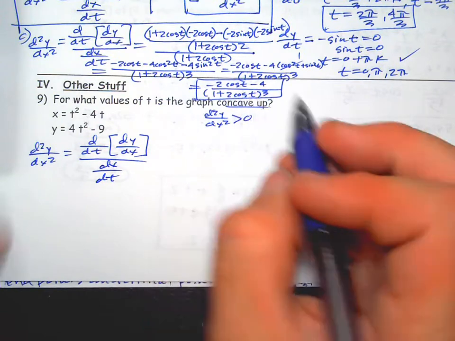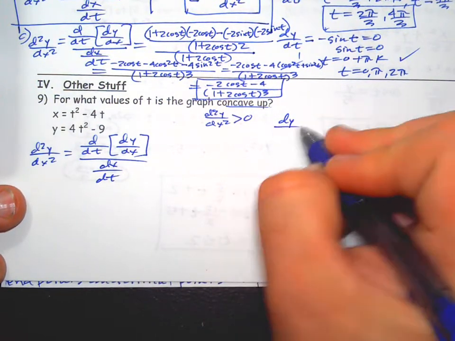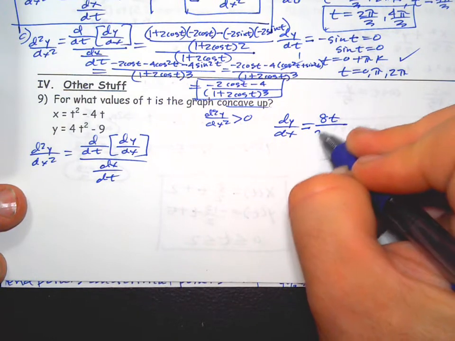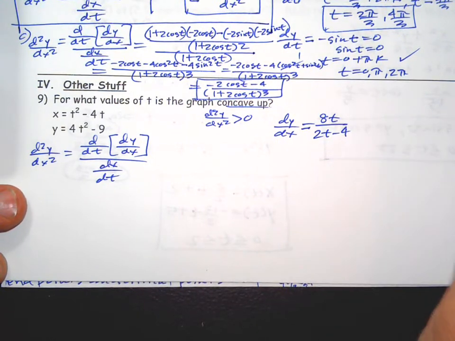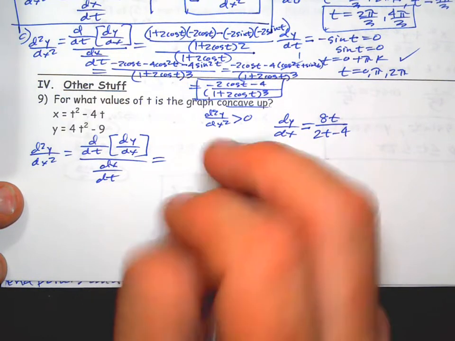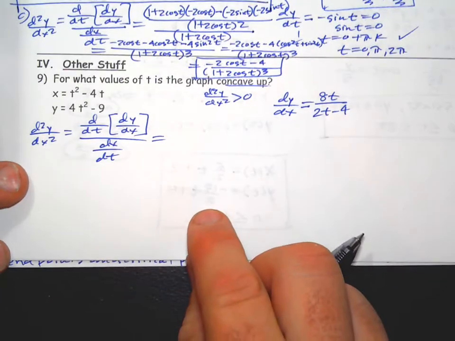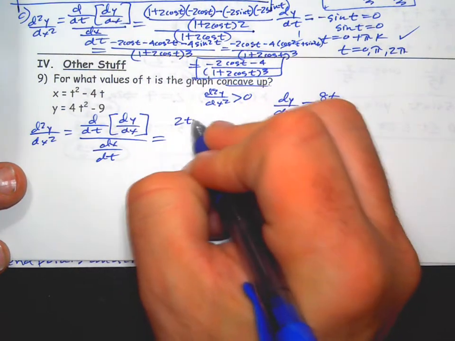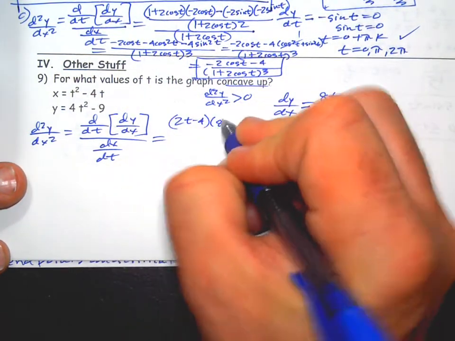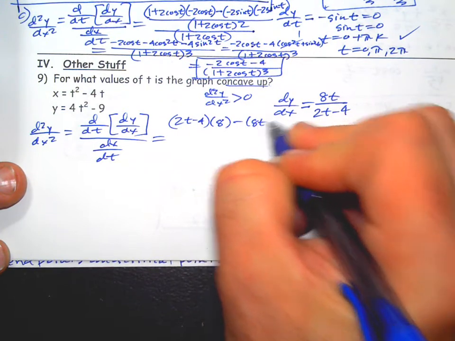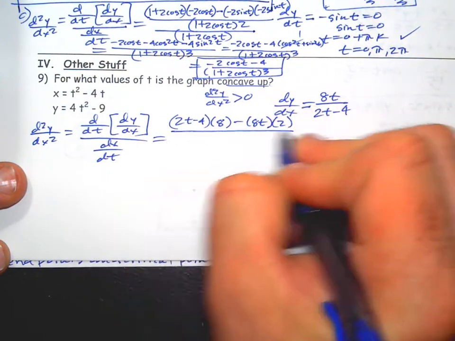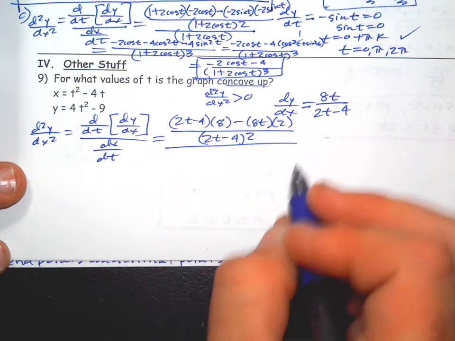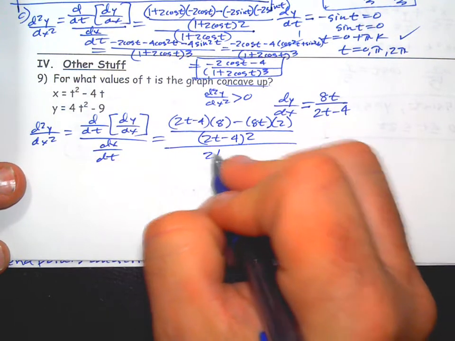So I guess we could find dy/dx first. dy/dx is 8t over 2t minus 4. So this is looking like a quotient rule again. So low d high minus high d low all over low squared. And then we're going to divide by dx/dt, which is 2t minus 4.